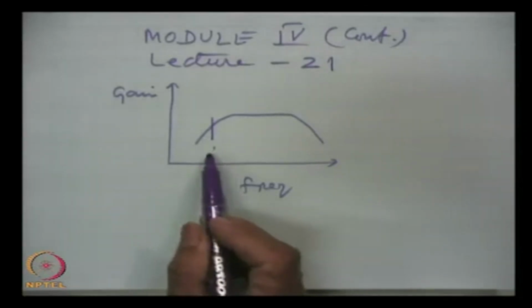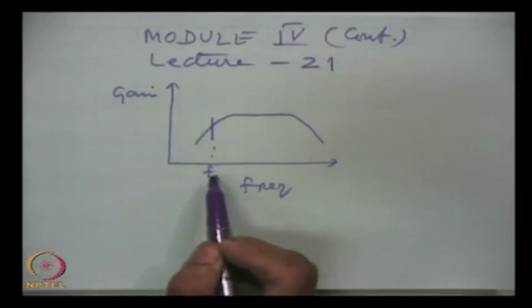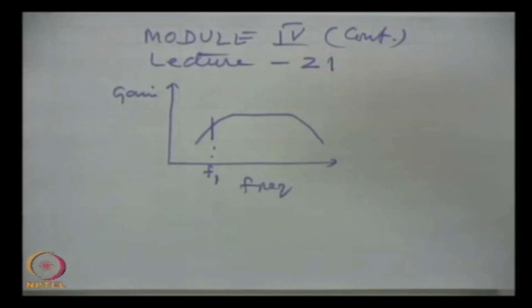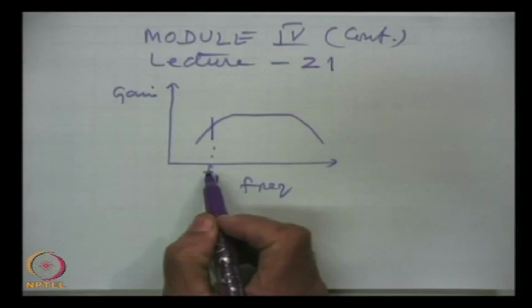But in the plot we get only one value f1. So which of these three, f1, f1 prime, f1 double prime, do we have to consider? The one with the highest value of cutoff frequency will be the one we call f1.